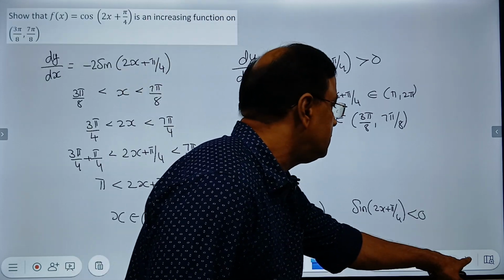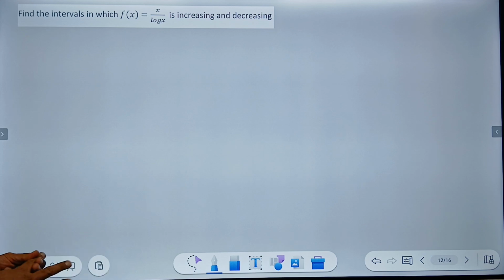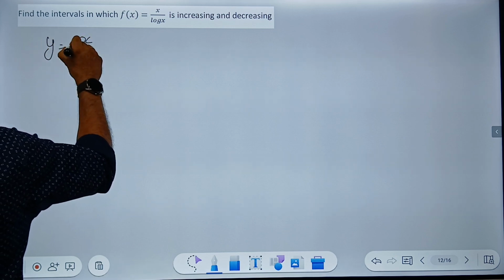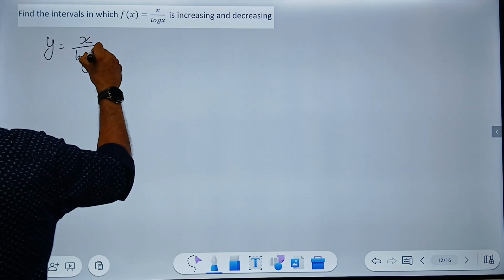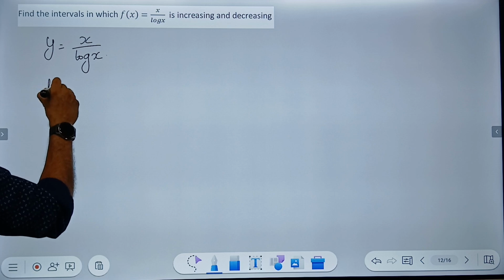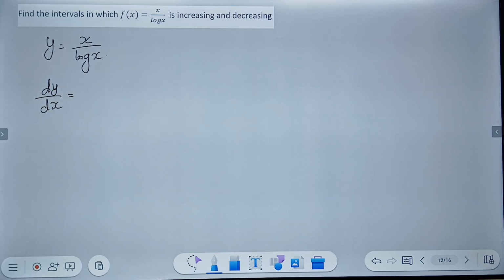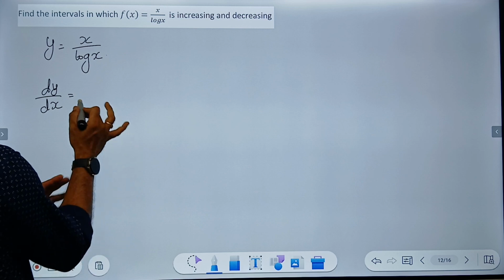Okay, now this is again an NCERT question. Here it is not proving, you have to find the interval. How do you find the interval? It's a logarithmic function. So y equals x by log x. So what is dy by dx? For dy by dx, I am going to use the quotient rule. When I do the quotient rule, what do I get?